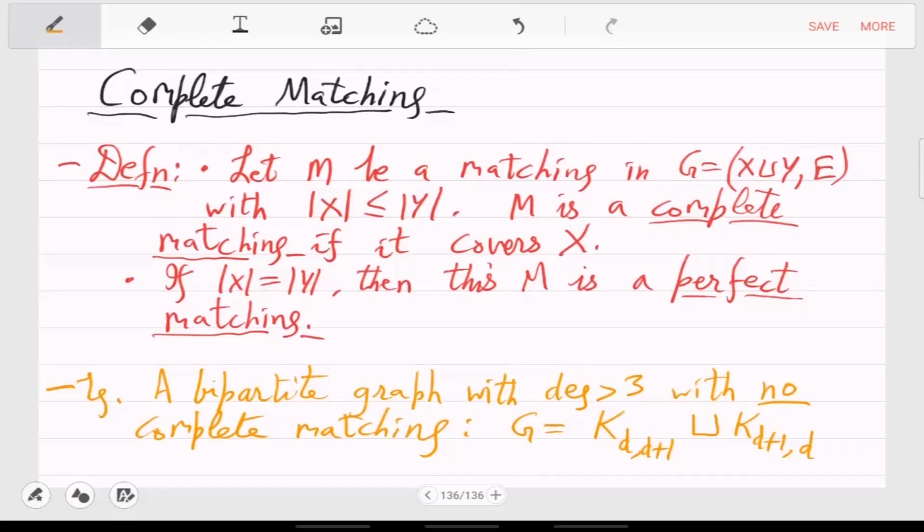So you have 201 on both sides. But every matching will miss at least one vertex on the left and hence on the right. Is that clear? So there are these examples for all d. Any questions?